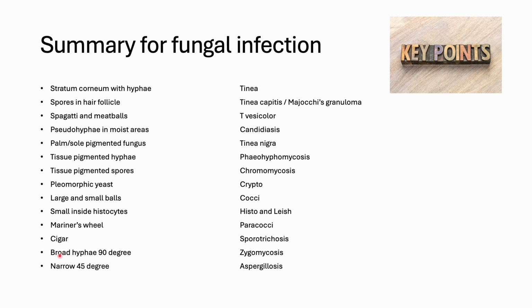When you see broad hyphae with 90-degree branching, you should think zygomycosis such as mucor or rhizopus. If you see narrow, 45-degree septated fungus, you should think aspergillosis. So this should be a very important thing to remember for fungal infection of the skin.